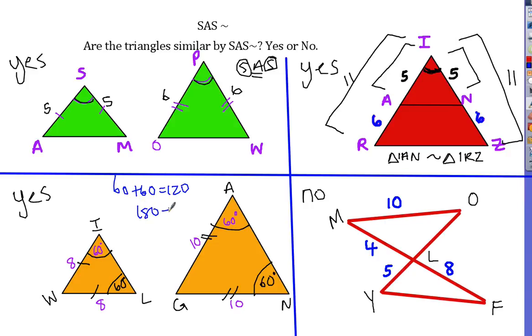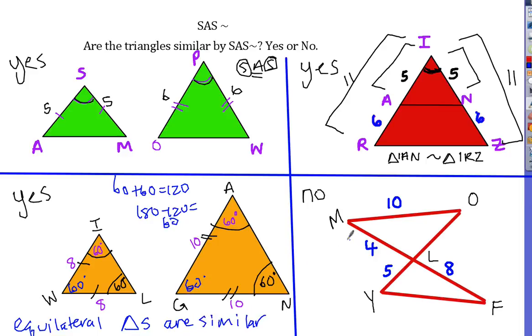When I subtract that from 180, I get 60 degrees as the third. You actually notice that these two triangles are equilateral. Equilateral triangles are always similar. That's a nice little shortcut. They're similar to each other.